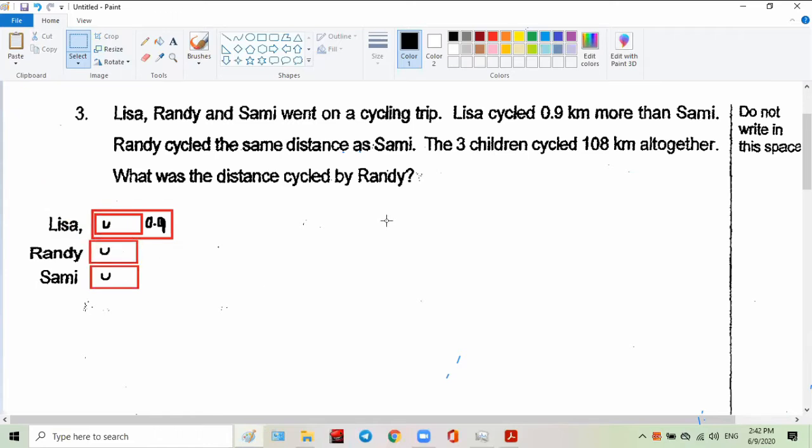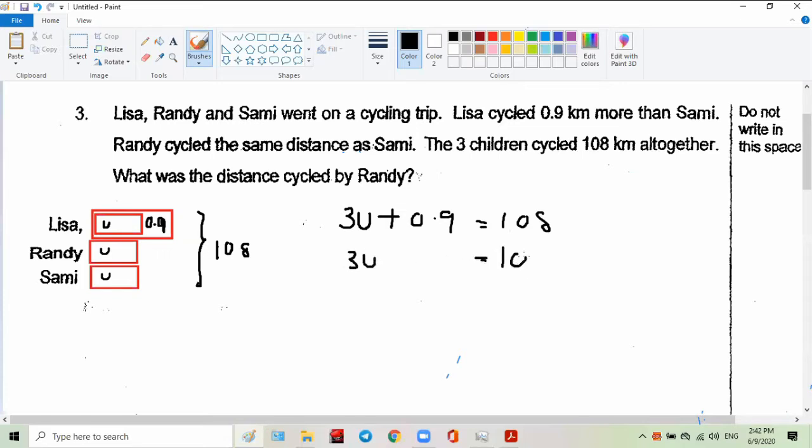Together they cycled 108 kilometers altogether. What was the distance cycled by Randy? Just write 3 units plus 0.9 is equal to 108. So 3 units is equal to 108 minus 0.9.